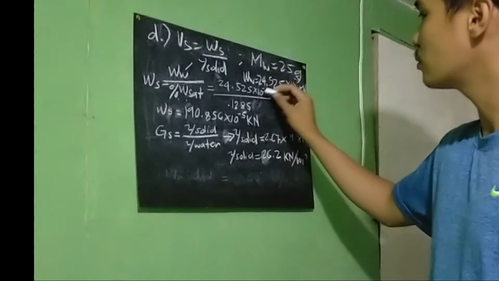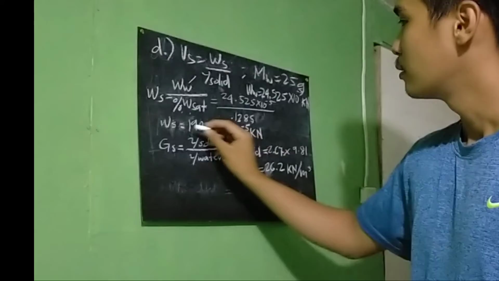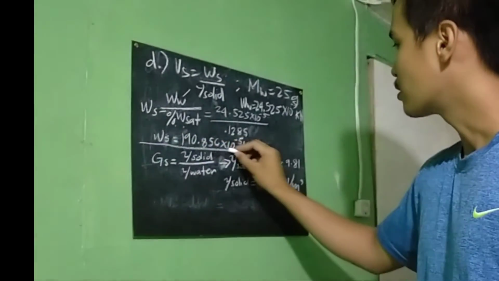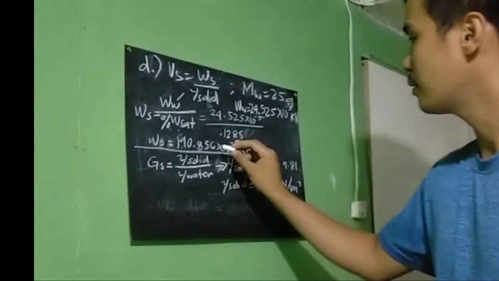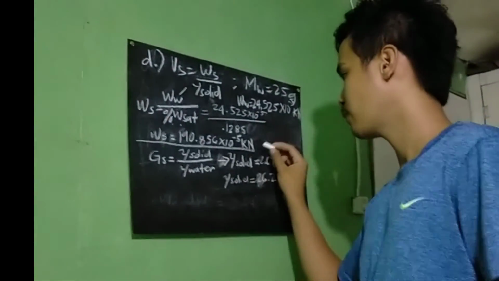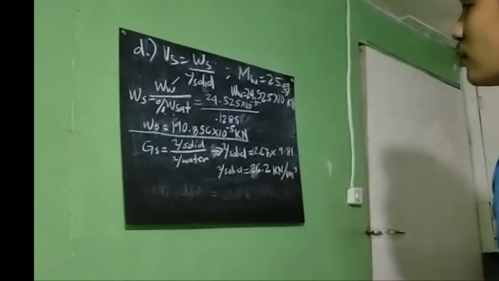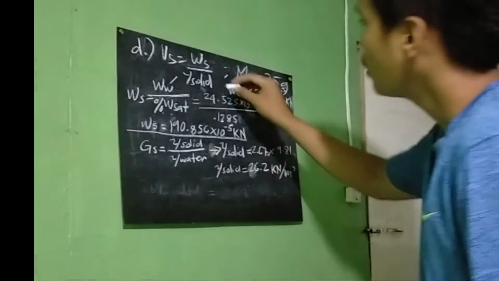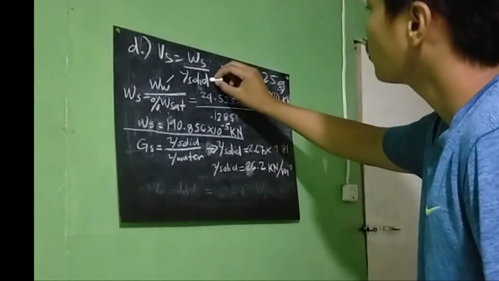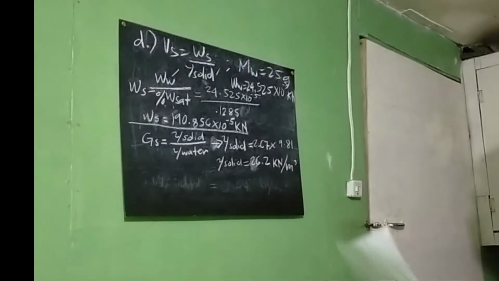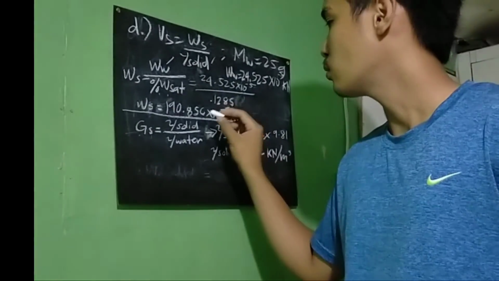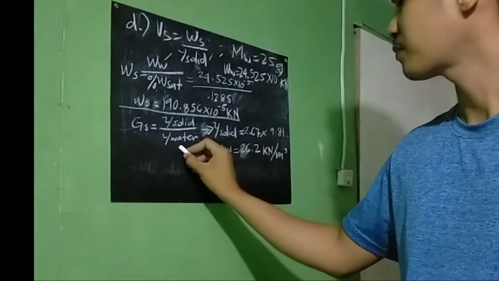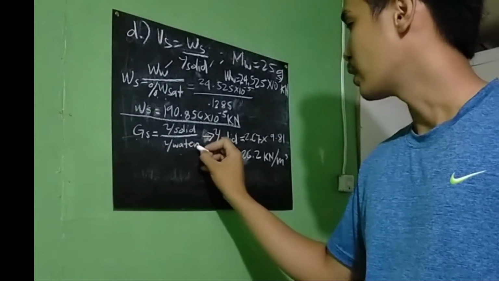So substitute, then we come up with this answer. The weight of solid is equal to 190.856 times 10 to the power negative 5 kilonewton. Then to get the solid unit weight, we use the formula: specific gravity is equal to the solid unit weight over the water unit weight.